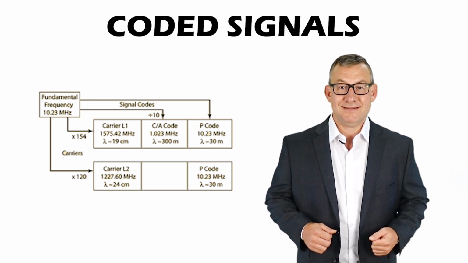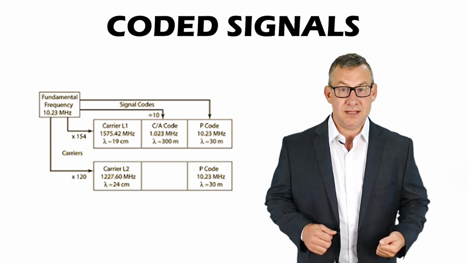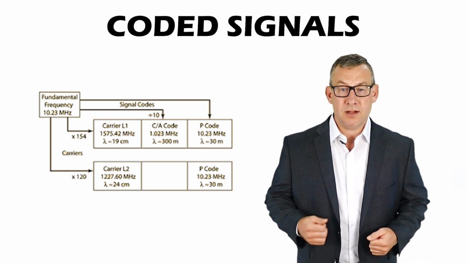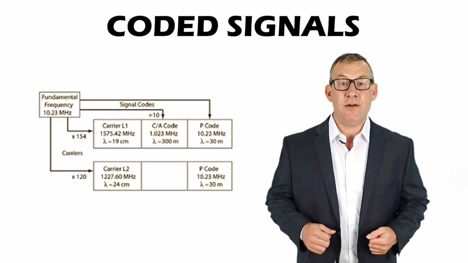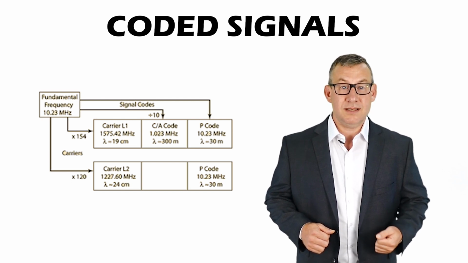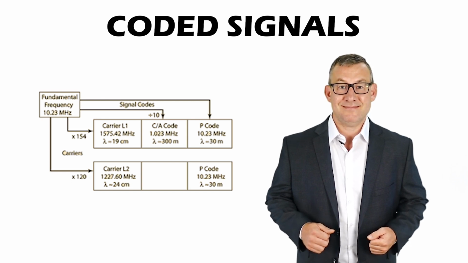Coded signals. Coded signals are less accurate than carrier phase signals, but faster to use, and receivers that utilize coded signals cost less than receivers that utilize carrier phase signals. Coded signals are modulated from the carrier phase signals.